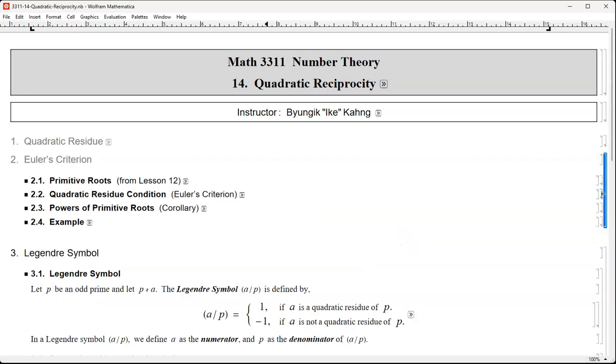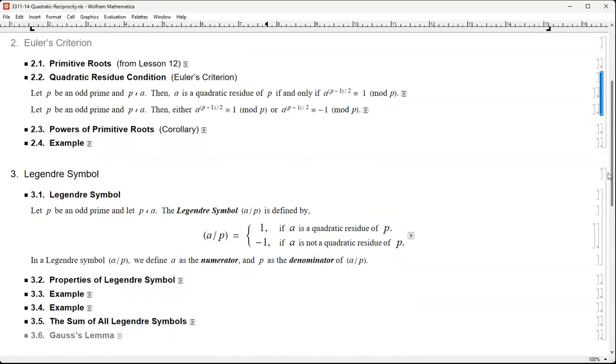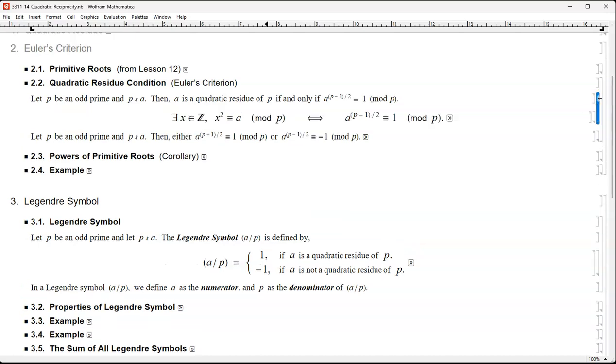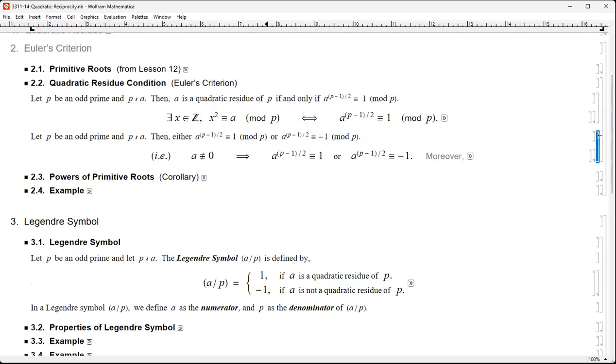You must have. It's the precise replica of Euler's criterion. If A is non-zero mod P, then A to the (P minus 1) over 2 power is congruent to 1 mod P if and only if A is a quadratic residue. Moreover, if it is positive 1, then quadratic residue; negative 1, then quadratic non-residue; otherwise 0, and nothing else.